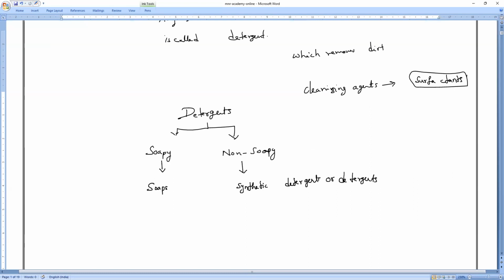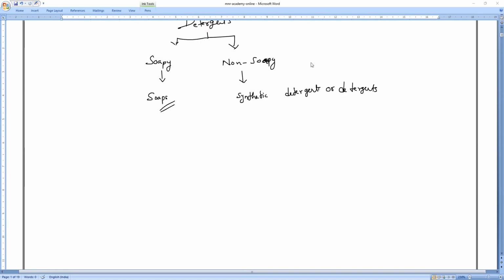Do you all understand, everybody? All the soaps and detergents, we call detergents only. Those which are soapy in structure, soapy to feel, we call soaps. Those which are non-soapy in nature, we call synthetic detergents, or simply detergents. Okay. So now let us discuss one by one in detail.